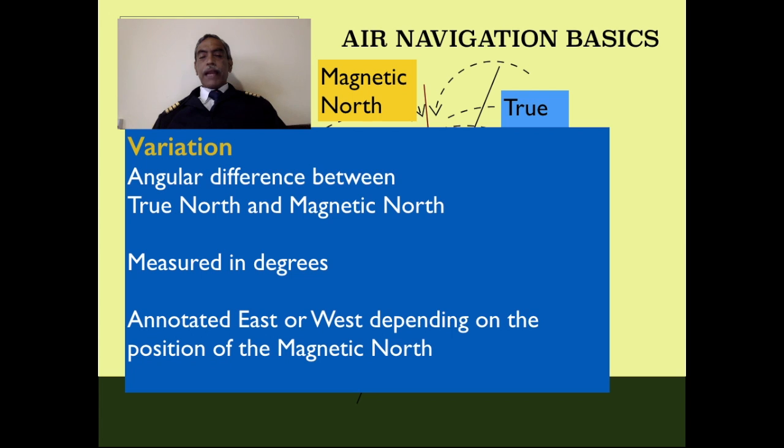That means if the magnetic north were to lie east of true north, then it will be called variation east, 2 degrees east, or west, vice versa. So that is what is variation. Now this again is not constant. It has to be revised periodically. That we will learn later. So that is what we call variation.